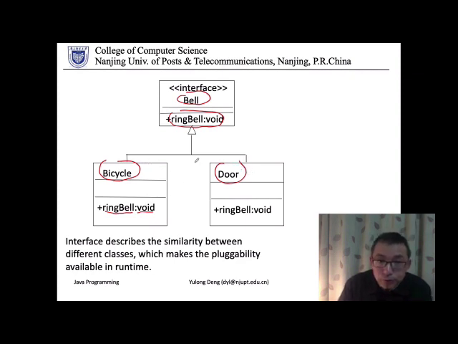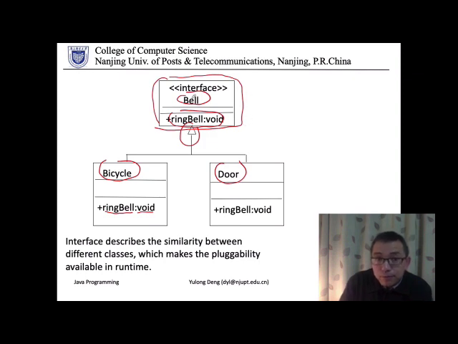So use the symbol. The symbol is the same as inheritance to describe the interface implementation, but different from class inheritance. The interface looks the same as the class block, but in the first block of a class we only have the name of the class.